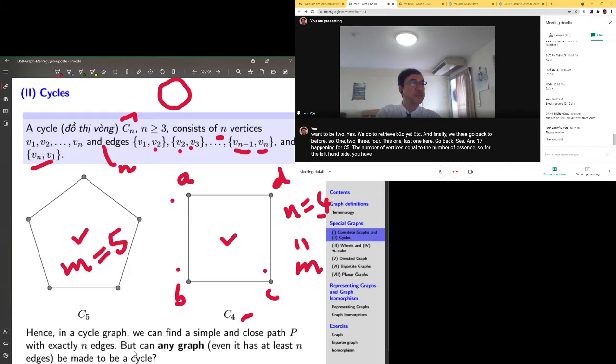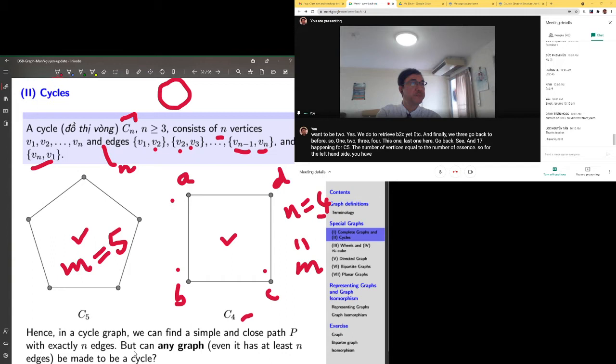Okay. So after you define, then you see that in a cycle graph we can find a simple and closed path. So the path we start from A like this one, I denote the path by P. I go like this one, and I go to this one, and I go to this one, I go back to here.